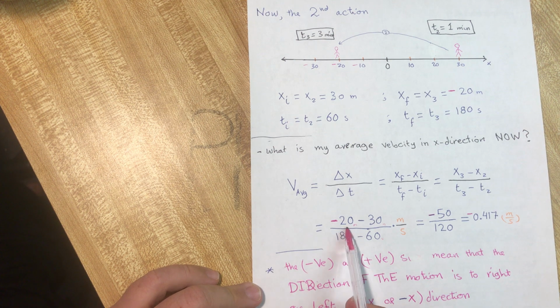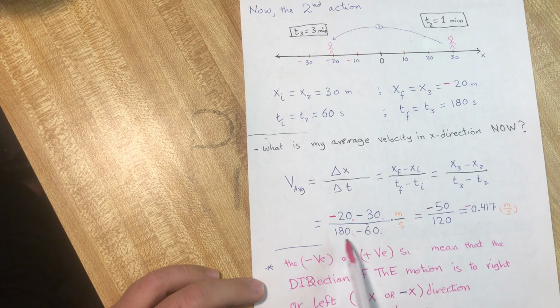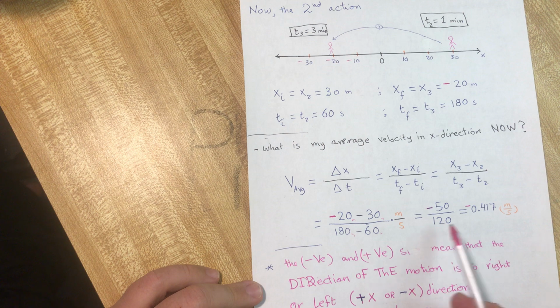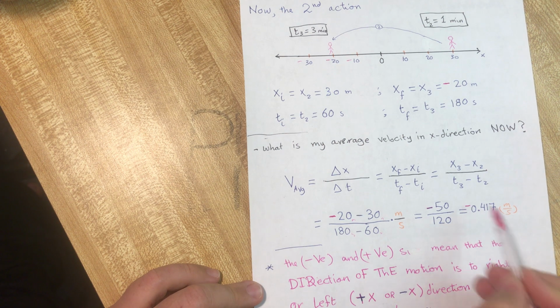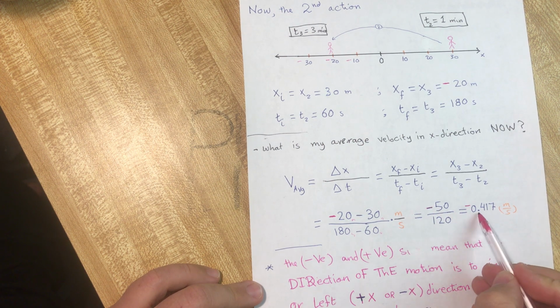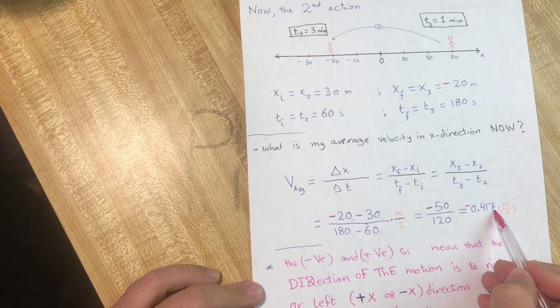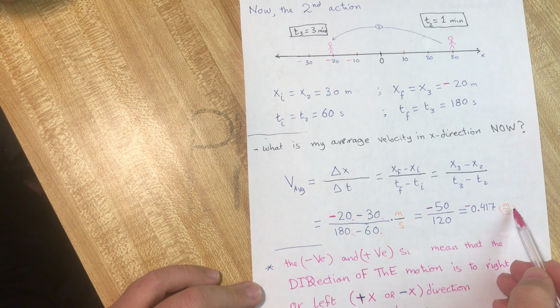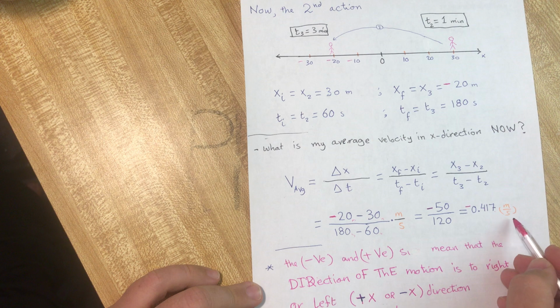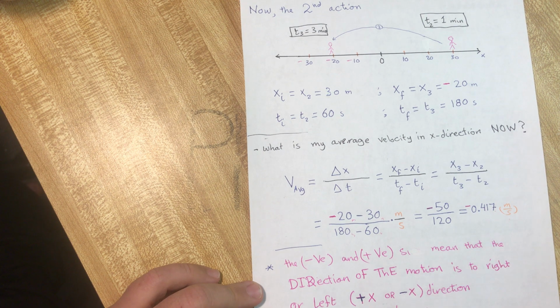So negative 20 minus 30 is negative 50. 180 minus 60 is 120. This will be equal to minus 0.417, I rounded it, meters per second. The units of the derived quantity, which is the velocity, is meters over seconds.